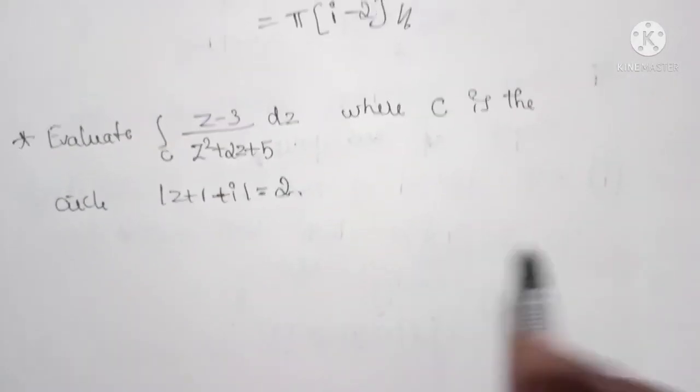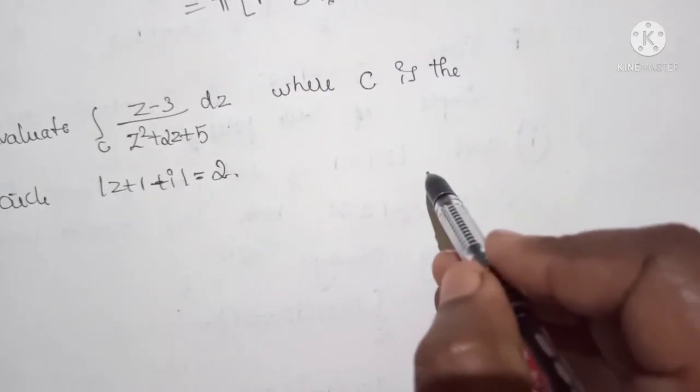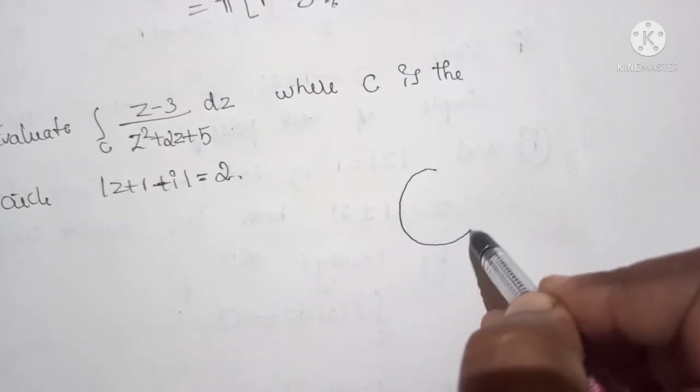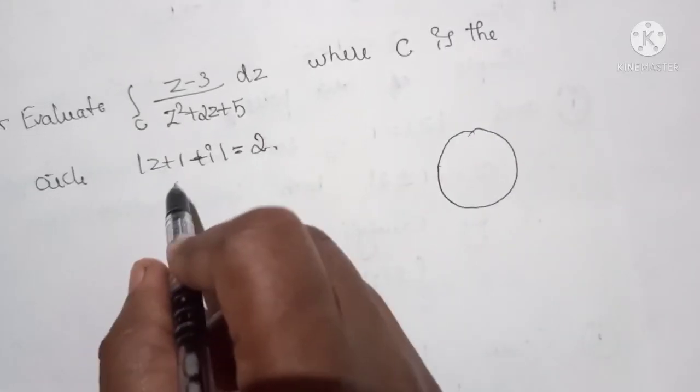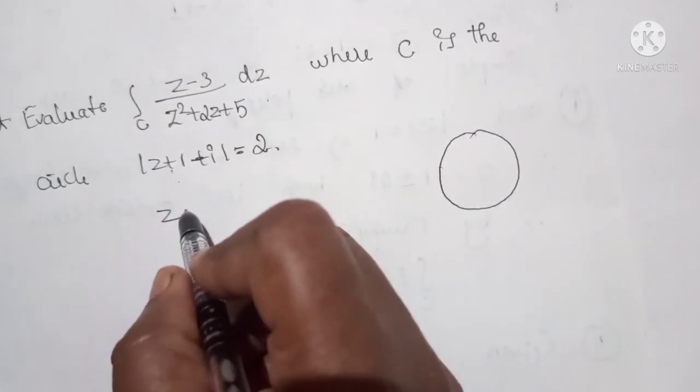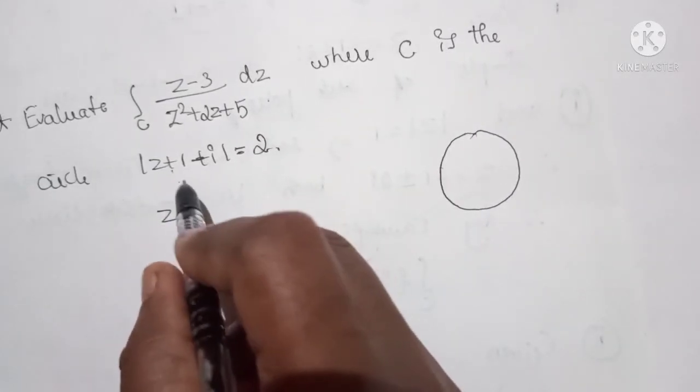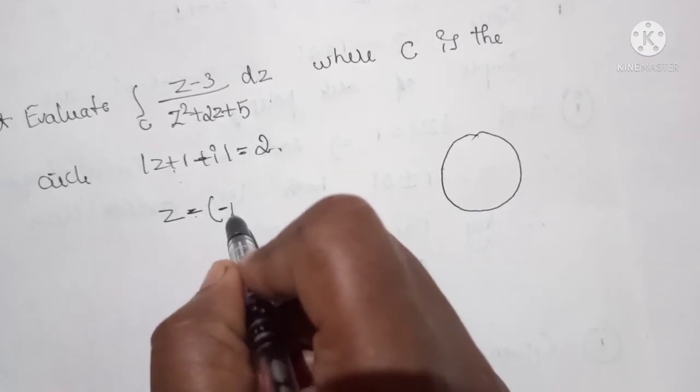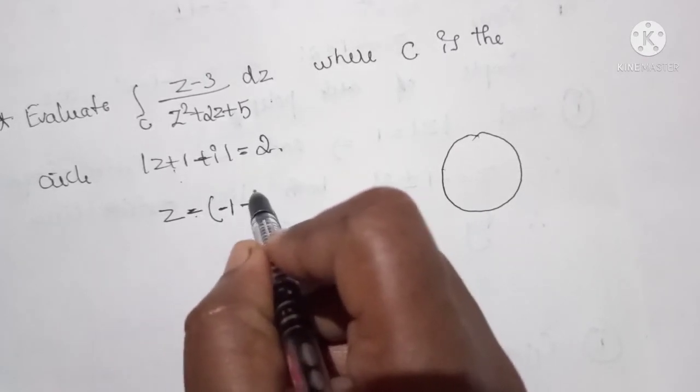If you write this in the form of the equation of a circle, the center of the circle will be minus 1 minus i.